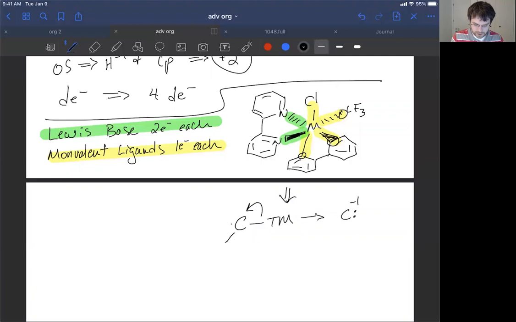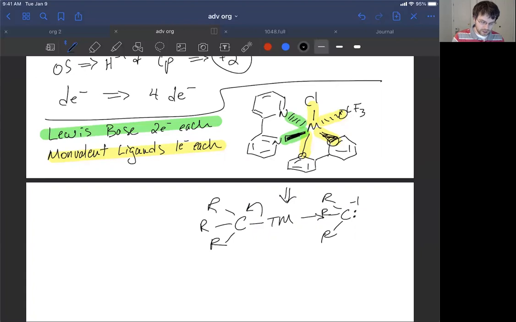And if we already had 3 things attached to it, then we have a carbon with 3 groups attached to it and a formal charge of -1. So that's a monovalent ligand, just like a hydride or a chloride or what have you. It doesn't matter that it's an aryl system or if it's a CF3 group, they're all monovalent ligands.